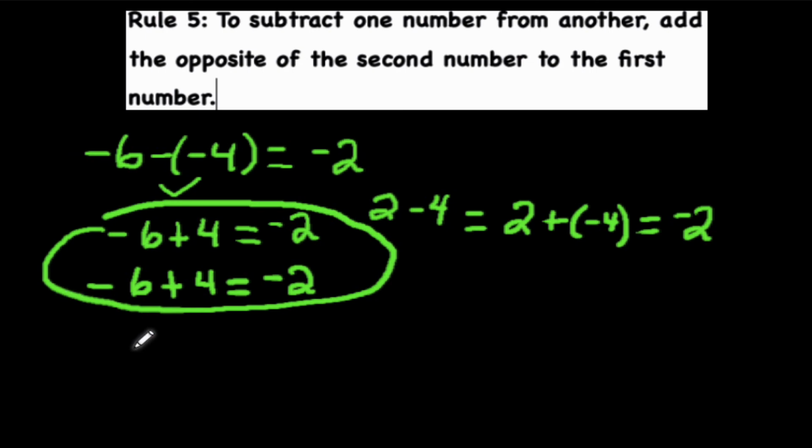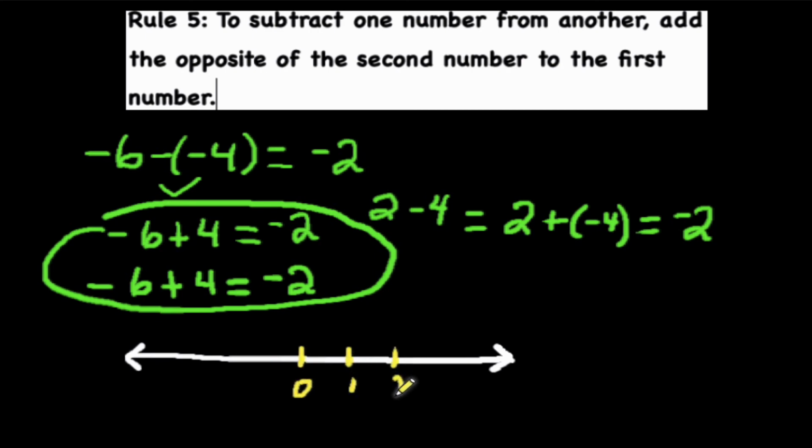All right, so let's just go ahead and place a few numbers up here. And let's see. Okay, so we have 0, 1, 2, 3, and we have -1, -2, and -3.